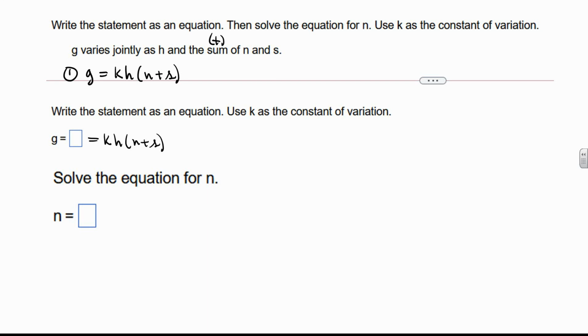No problem, we just use our math. That is, we use our arithmetic and algebra to solve. So I have g is equal to, there's a couple of ways you can get it. Let me just give you the simple way, I think. We're trying to isolate n, that is, solve for n. So I'm going to divide both sides by that k times h.